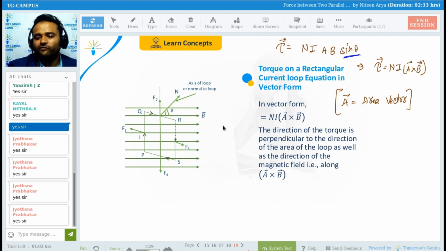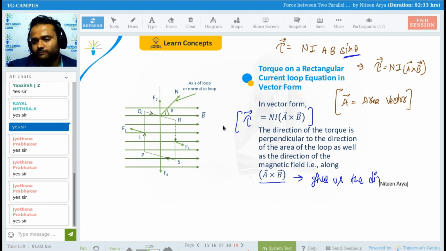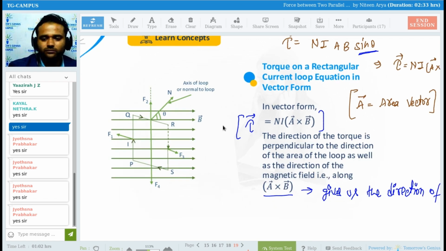So instead of sine theta, for vector sense, we can write torque tau equals NI A cross B, and A cross B gives us the direction of torque. Is this clear, everyone?